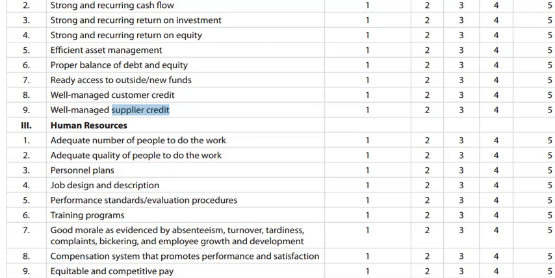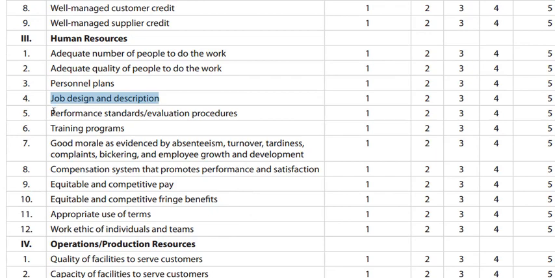We can talk about human resource in terms of the number of people working together in the organization, quality of human resource, personal plans, that means the human resource development or HRD, job designs and description of human resource, performance standards, training programs, good morale, evidence, absenteeism, turnover, all these things show interest of human resource towards its work.